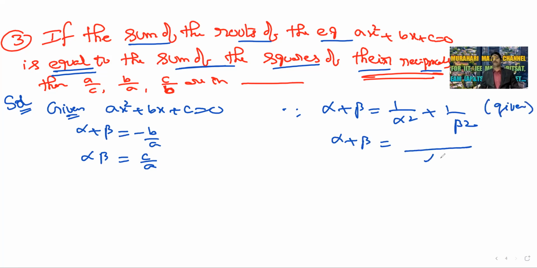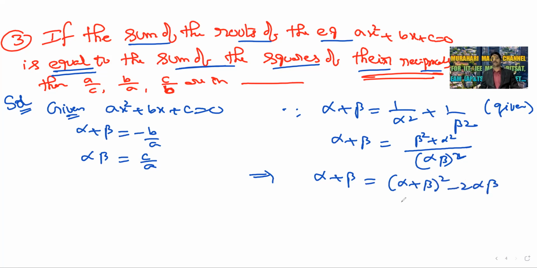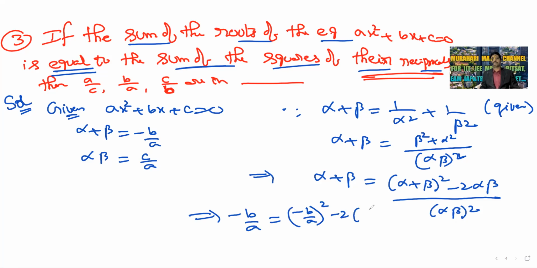Let us take the LCM, alpha beta whole square. So it will be beta square plus alpha square. Therefore, alpha plus beta is equal to alpha square plus beta square, by the formula alpha plus beta whole square minus 2 alpha beta, divided by alpha beta whole square. So minus b by a is equal to minus b by a whole square minus 2 times c by a, over c by a whole square.